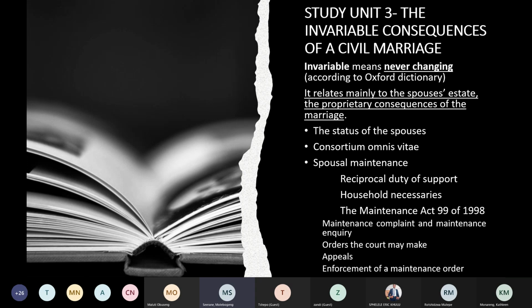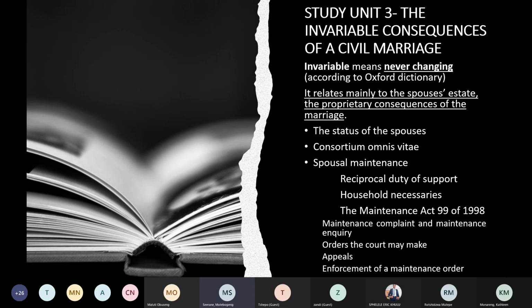And then we also have the maintenance complainant and maintenance inquiry. In this part, we're going to focus on the maintenance officer, the maintenance investigator, and the power of the maintenance court. The maintenance officer investigates the complainant and decides whether or not to institute a maintenance inquiry in the maintenance court. That's the duty of the maintenance officer.